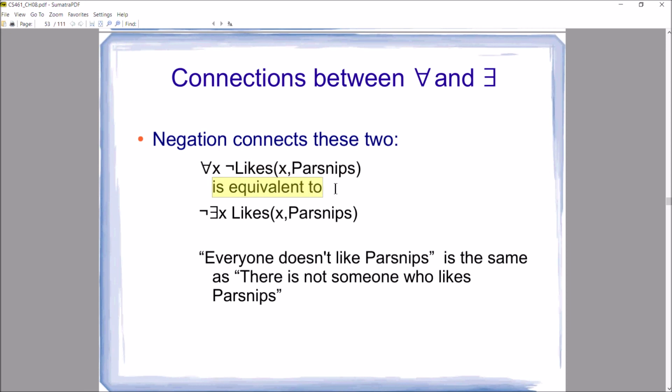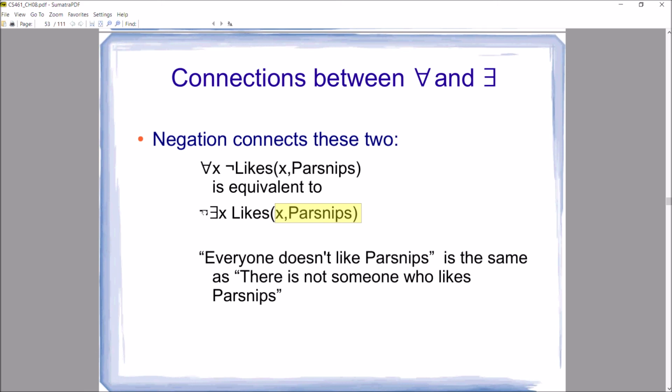Now that's equivalent to the second sentence here. Let's pull that apart. Start off with this part right here. You're saying there's an x that likes parsnips. With the existential quantifier, you're saying there exists at least one x that likes parsnips.